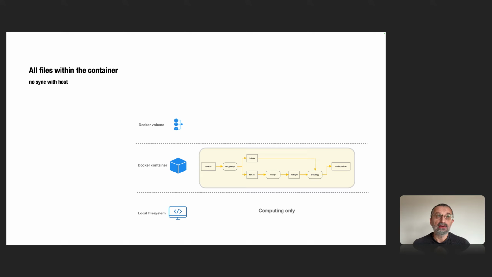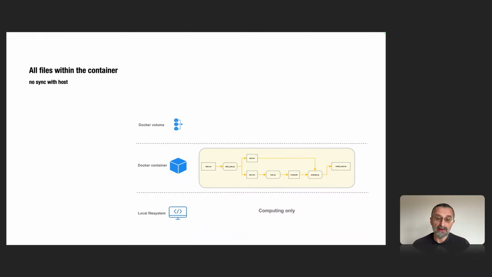Imagine that I would like to train my managers using my own environment. I have some examples with Jupyter notebooks, with training data, everything in a Docker container. So I create such a container and ask my students to run it.